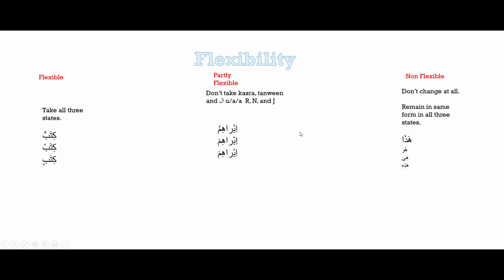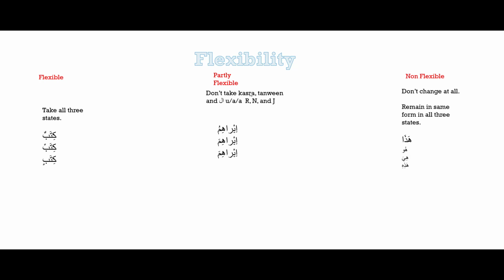Now, these two categories, flexible and non-flexible, are easy to understand, and in most cases we can recognize them. For partly flexible isms, the way to figure them out is that we have to learn many concepts and work through many practice sentences, and that's how we will be able to figure out that an ism is partly flexible.